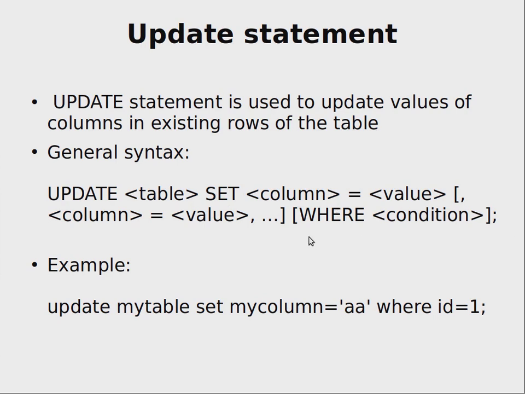And you almost always need to add a where condition, because if you do not say where condition, it will update all records in this table. A typical example is you need to change some value of some column in one particular record. You say update my table, set my column field to AA, and you say where ID is 1, where typically this ID is the primary key, where you say that only this record should be updated.